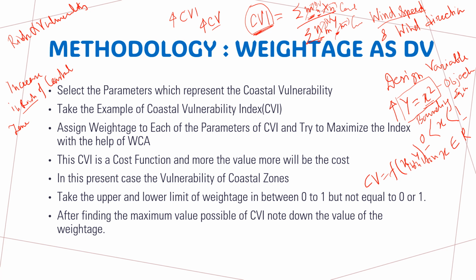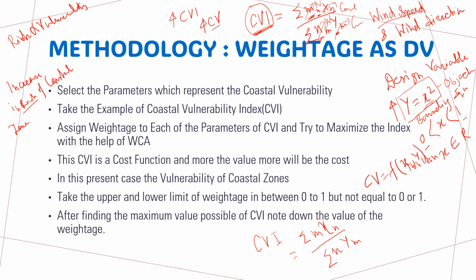And then we will start to iterate M and N and check the impact on this CVI. Okay, so the objective equation for the first case will become CVI, that is coastal vulnerability index, equals the summation of M X_N divided by the summation of N Y_M, where X and Y are not varying.